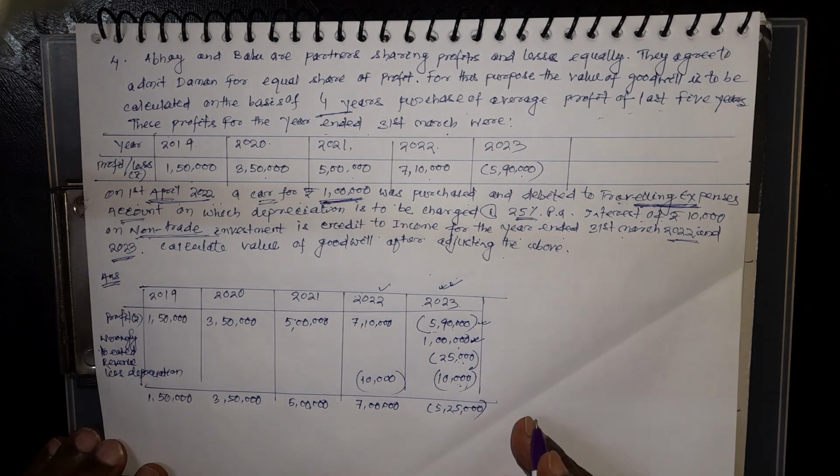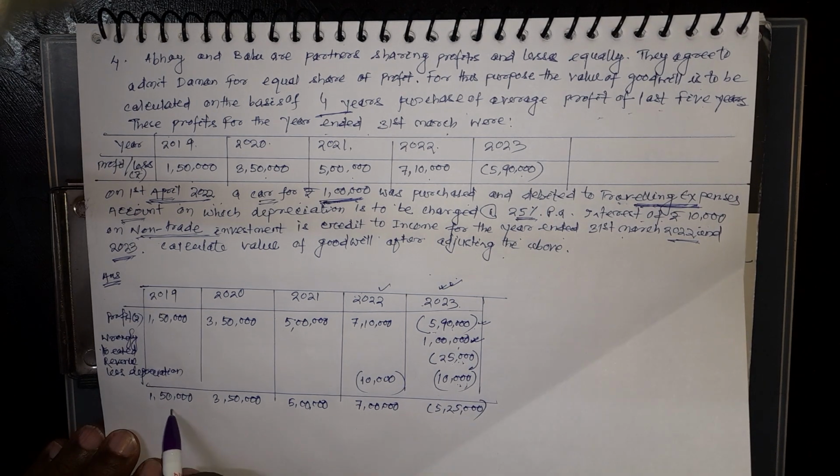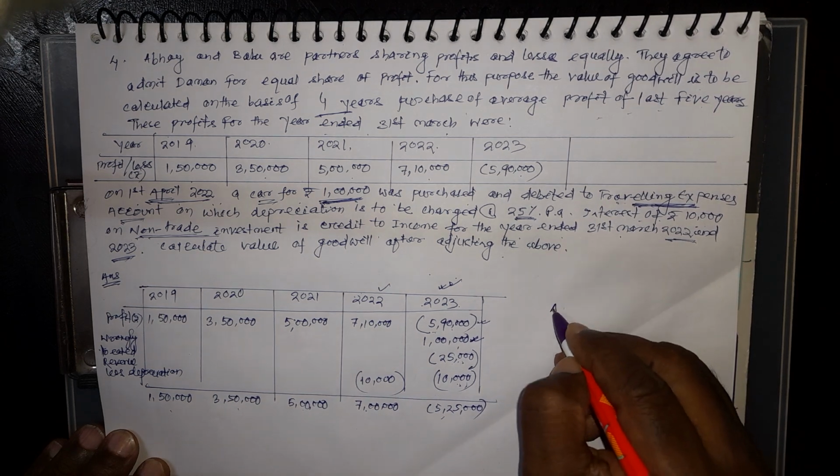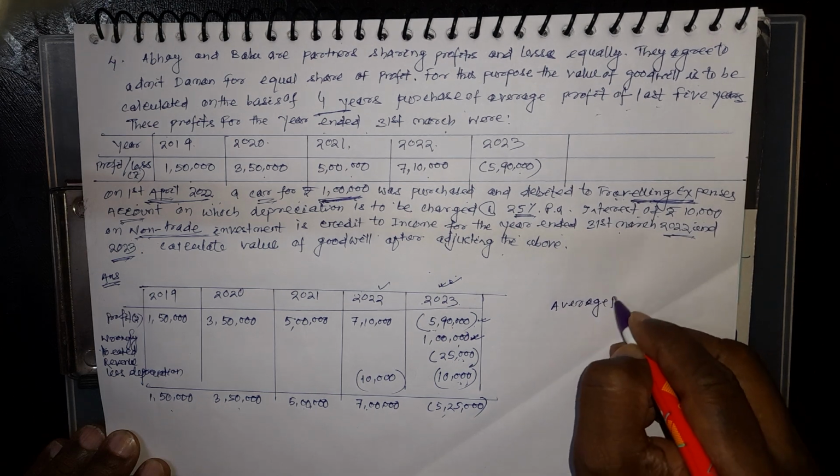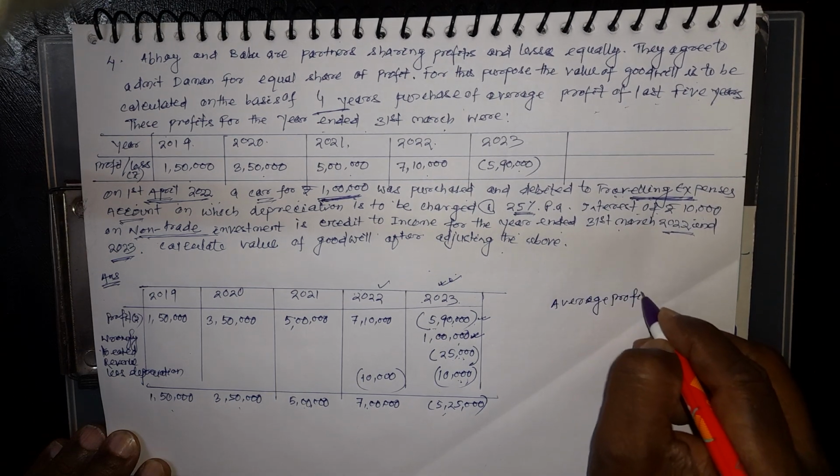Clear? Now we have to calculate the average profit of 1, 2, 3, 4, 5 years. So we will write it here: average profit of 5 years.